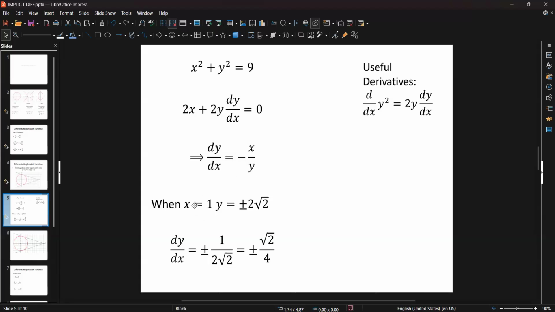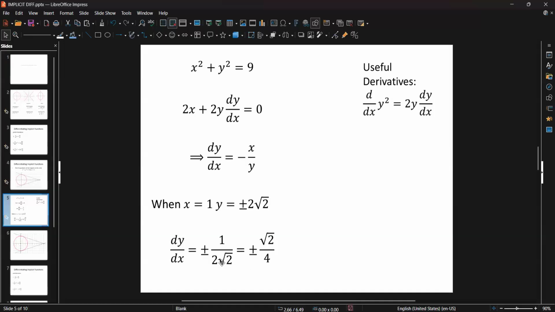But we can calculate the y value because we have an equation connecting x and y here, x squared plus y squared equal 9. So if we know x is 1, we can get the two values for y. In this case, you get two values, not one. When we finish, we put the x value and the y value in the gradient function, that is, minus x over y, and you get the two values here.